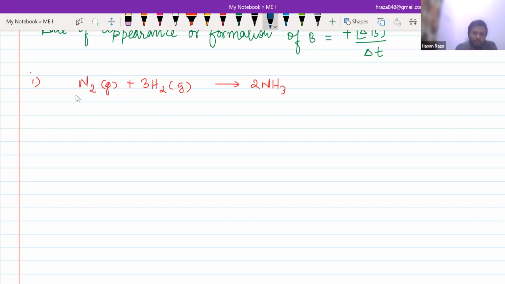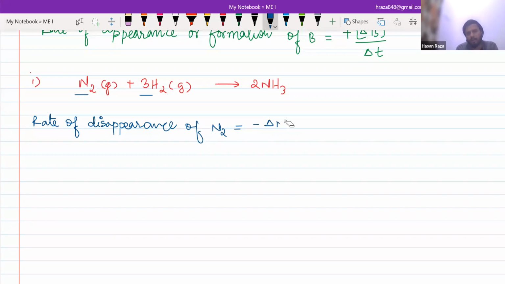So this is the reactant, there are two reactants, so I'm going to write for N2 first. We use disappearance for reactant. The rate of disappearance of N2 will be minus delta N2 upon delta t.